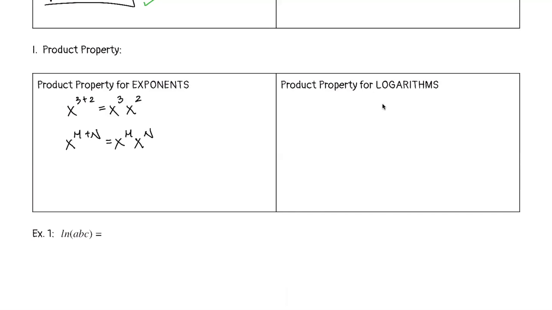When we have two exponents that are added, we can split them into two different terms. Now the flip of that is true. x to the m times x to the n equals x to the m plus n. Okay.